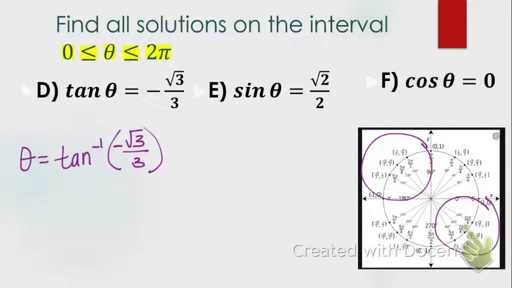Yeah, you have to divide sine by cosine, and it has to be negative. So it's quadrants 2 or 4. The answer is in quadrants 2 and 4. 11 pi over 6 and 5 pi over 6. I agree. So 11 pi over 6 and 5 pi over 6.